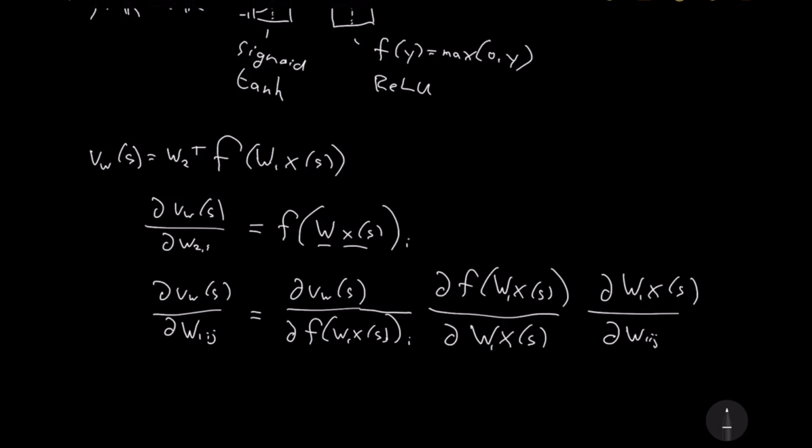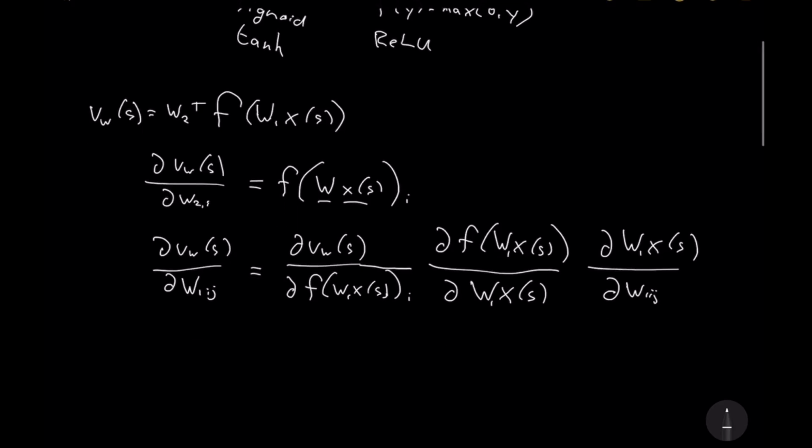So let's unpack this a little bit. This first partial derivative is just the gradient of our value function with respect to the ith feature in some sense. This will just be W2 at i. This next part is just the derivative of our function, whatever that is.